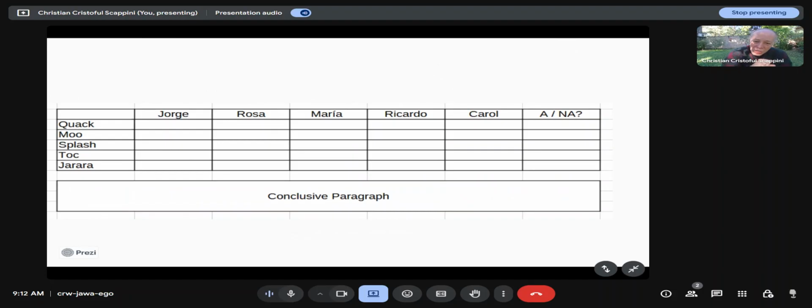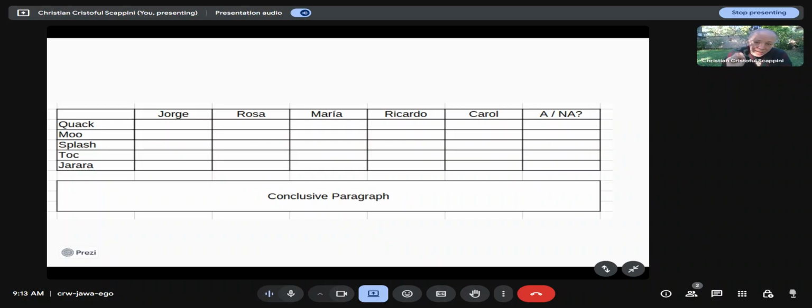So I want you to make a chart like this with 5 different onomatopoeic sounds like quack, moo, splash, talk, and jarara. That's what I wrote. And you need to get 5 friends. So I chose Jorge, Rosa, Maria, Ricardo, and Carol. And what should I do?